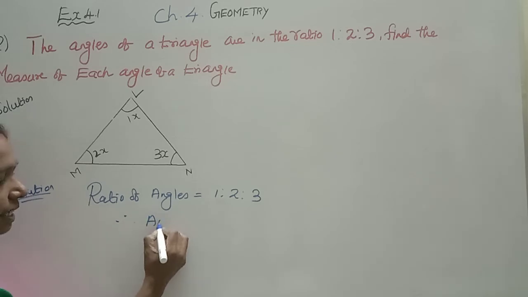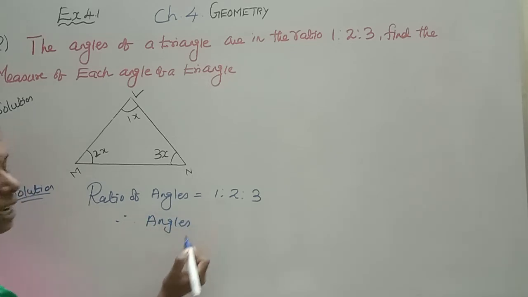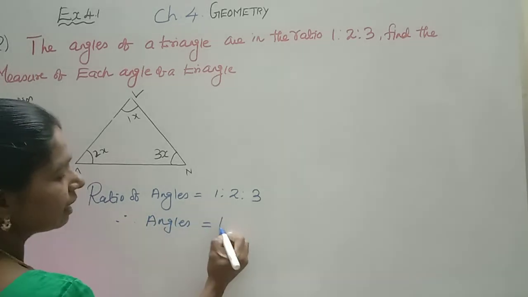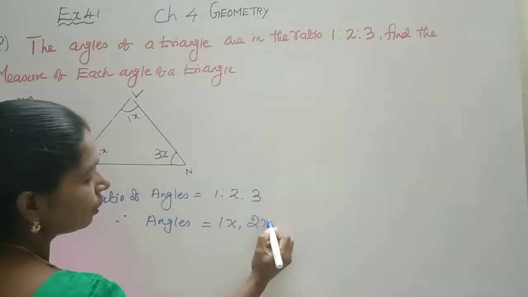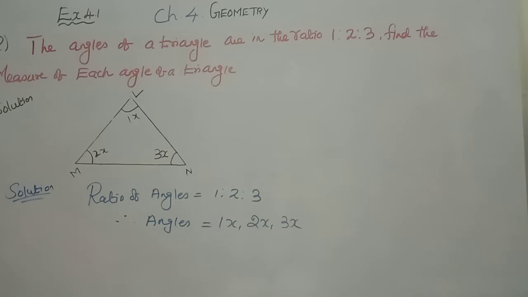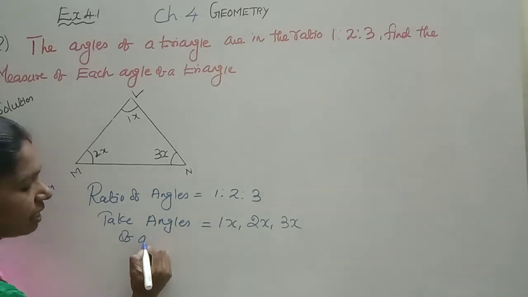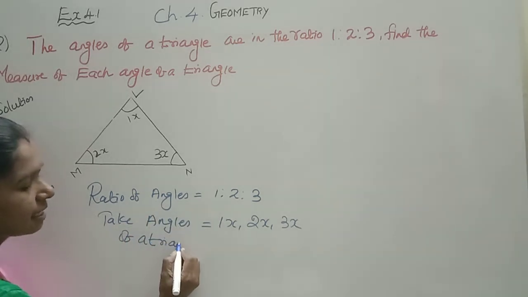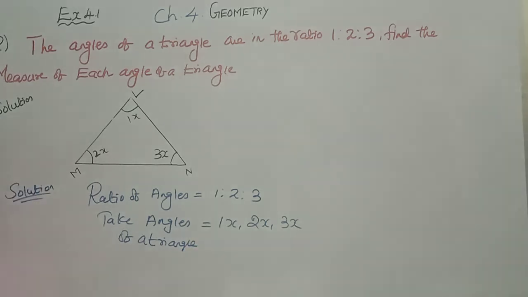Therefore, because it is given in ratio, take the angles of a triangle as 1x, 2x, 3x.